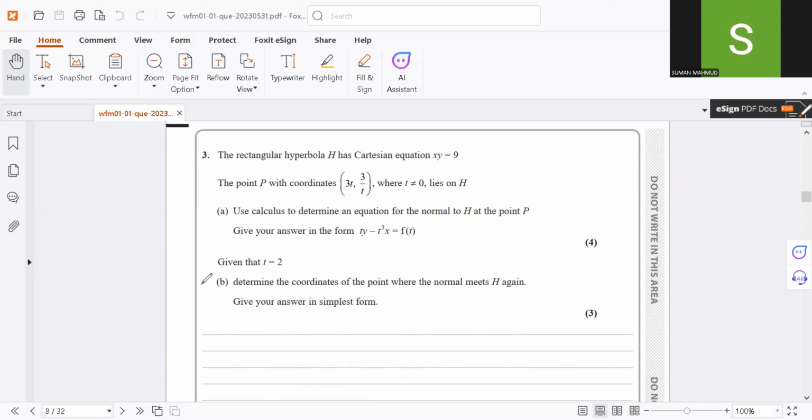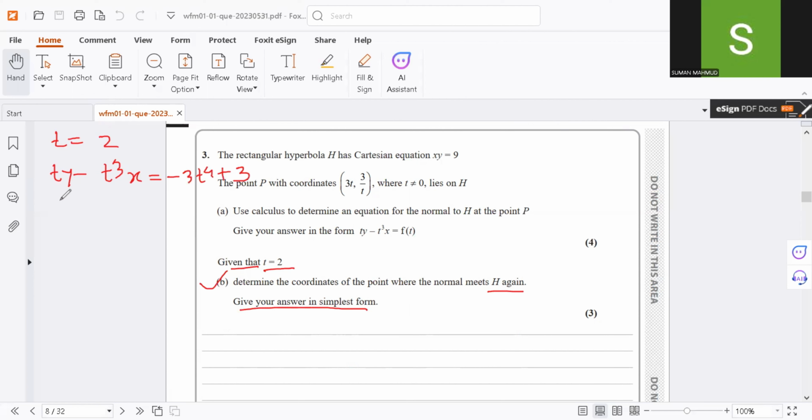Question number B. Given that t equals 2, determine the coordinates of the point where the normal meets H again. Give your answer in the simplest form. So substitute t equals 2 in the equation of the normal. We have ty minus t cubed x equals minus 3t to the power 4 plus 3.